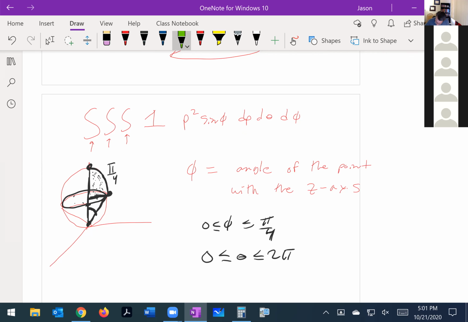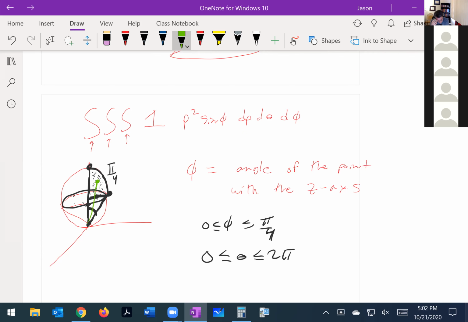Let's draw a different auxiliary line to one of these points on this surface. What is creating that surface in terms of rho? How could I represent that surface in terms of rho?